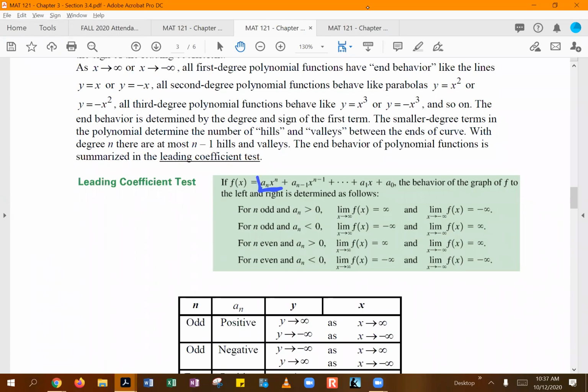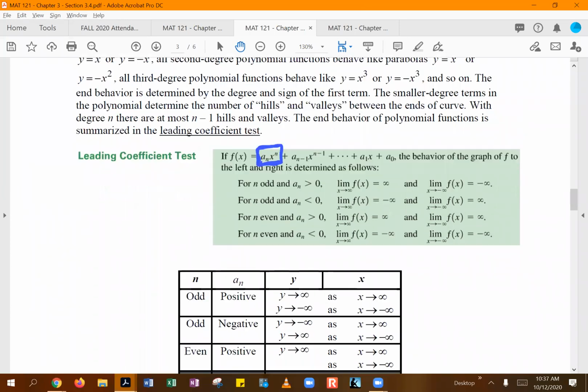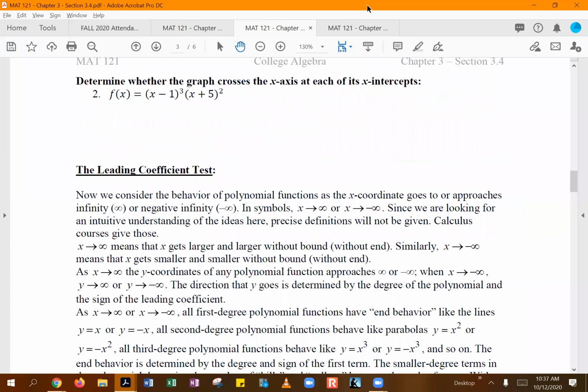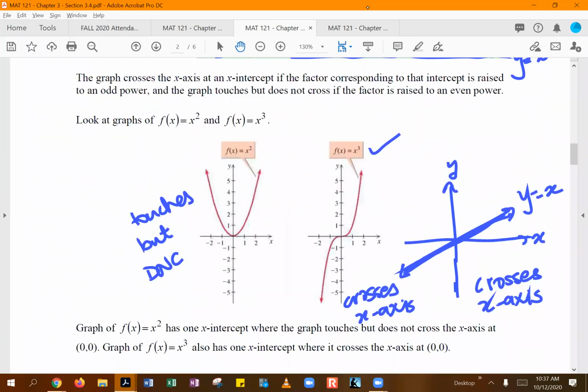It literally comes from the first term of your polynomial. From the nth power, we will know whether it's an odd or an even number, and from your a sub n, you will know whether it's a positive or negative number. And again, for these leading coefficient tests, you can use these functions here to help you out as well.